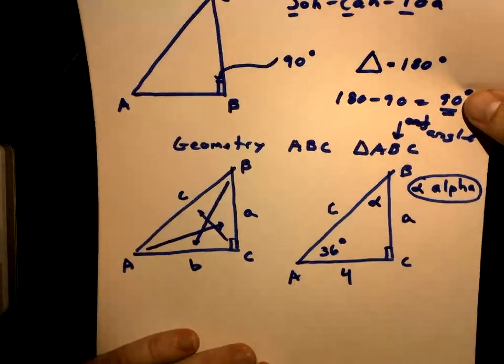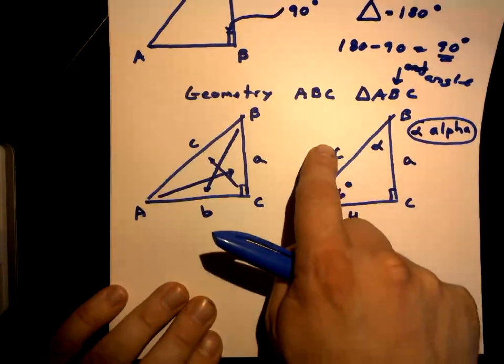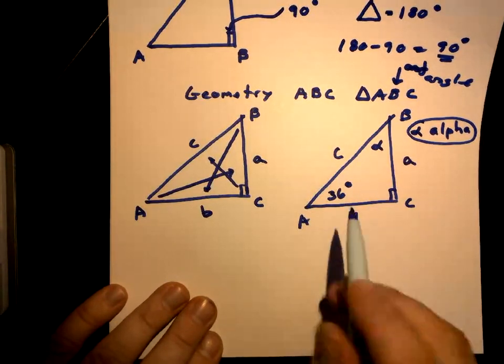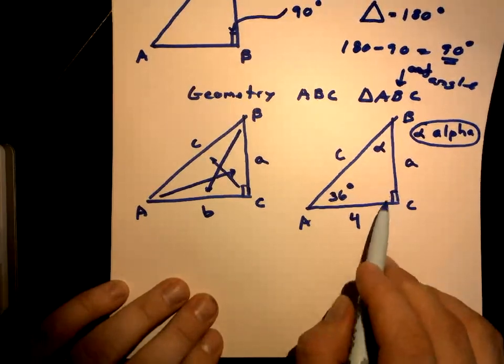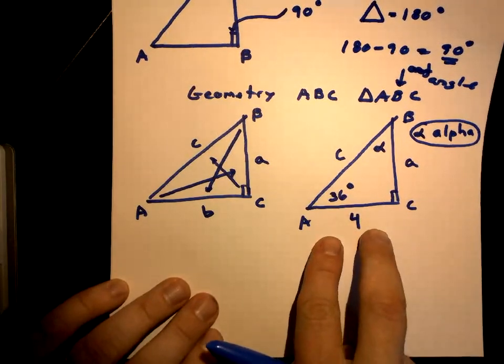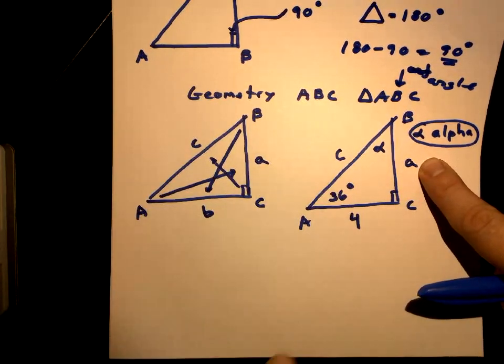On that point, let's go ahead and try to solve everything we can. We know this angle because it's 90 degrees, and we know this side, but we don't know this side and this side. So we want to solve everything.